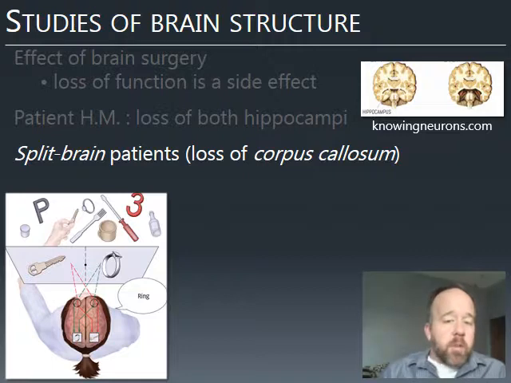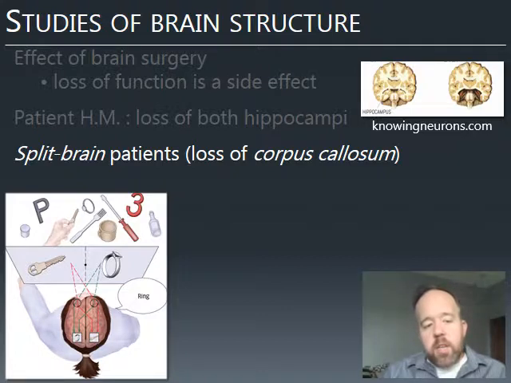In this picture from your textbook, if you present pictures such that one visual field sees one stimulus, in this case a key, and the other visual field, that is the right half of the visual world, sees another stimulus like a ring, those separate pieces of information are not communicated to the other hemisphere.